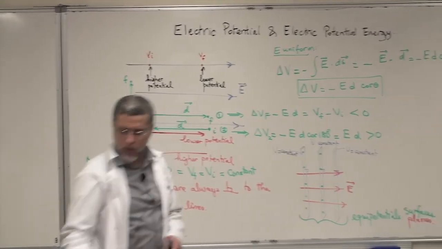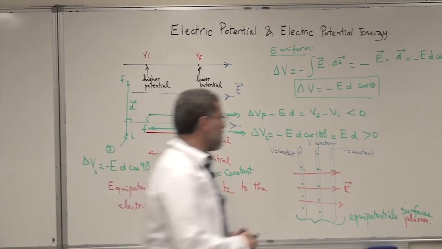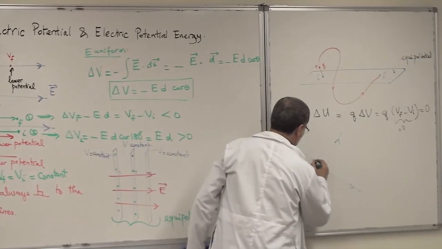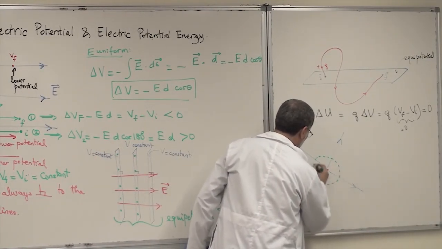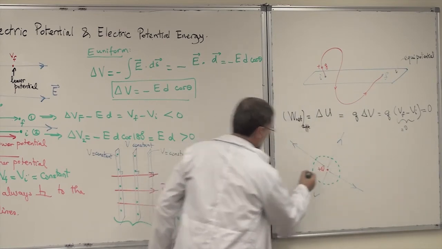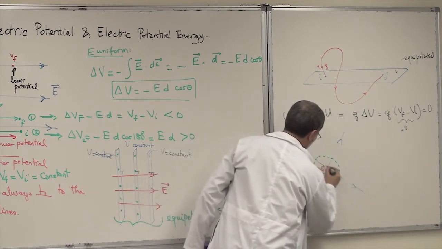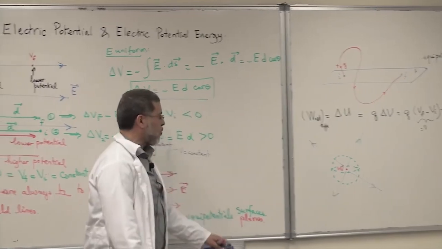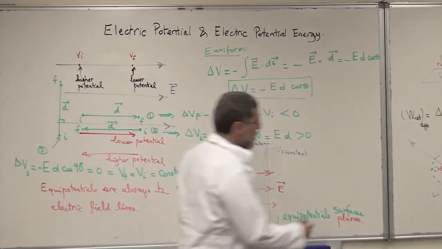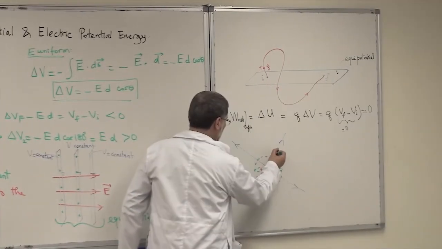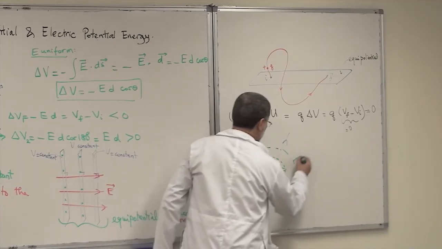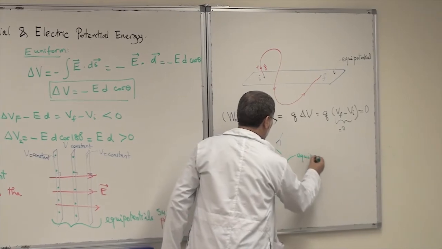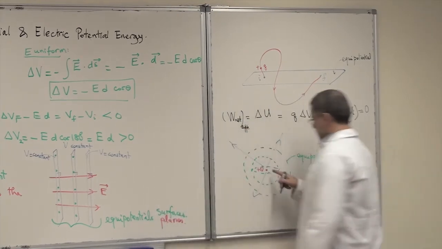So if I want to draw the equipotentials, I have to draw them in this manner. They have to be like this so that they are perpendicular to the electric field lines. You can imagine what these equipotentials are. They are not surfaces or planes like in the previous case. They are spheres. Another equipotential will be this one here. It will be another sphere.